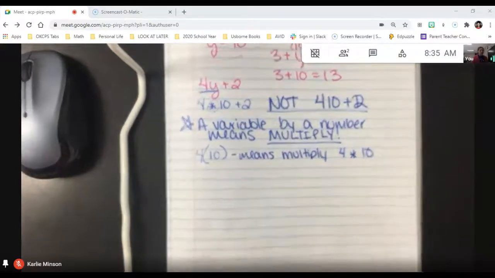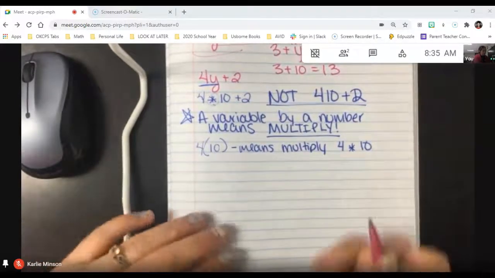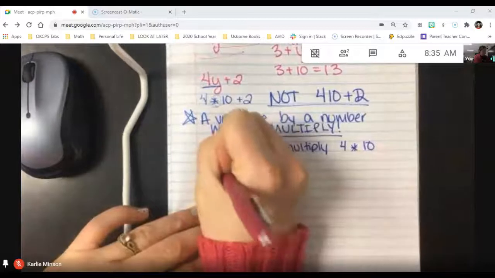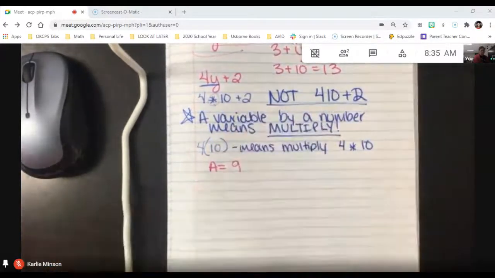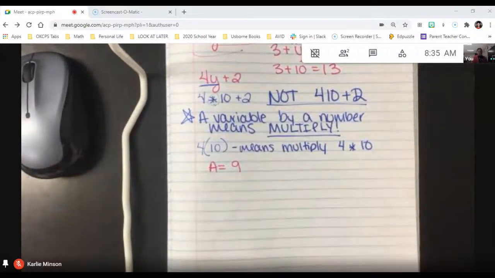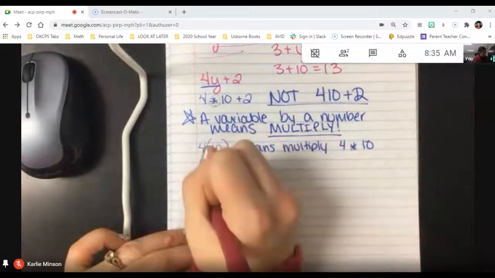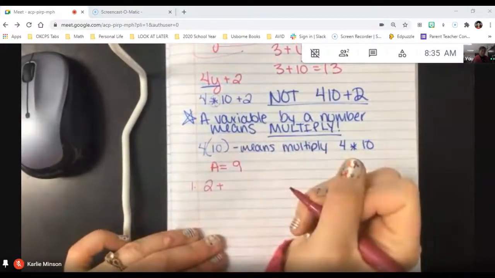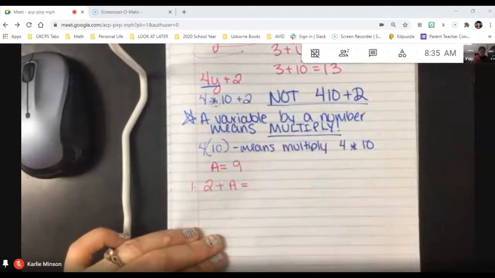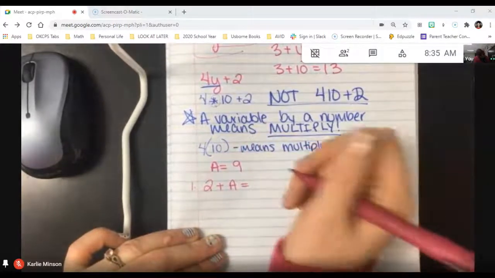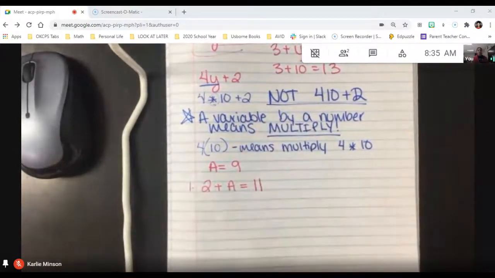So let's do a different variable and let's solve some now. So let's say our variable is a. Our variable equals 9. Let's say my first one, I have 2 plus a equals 11.